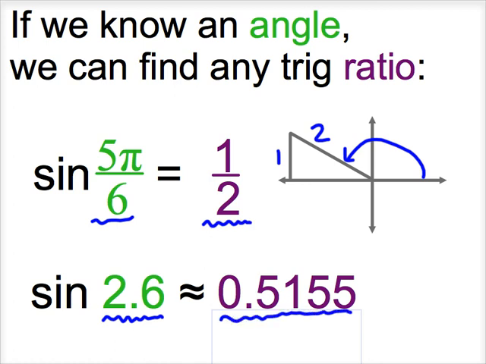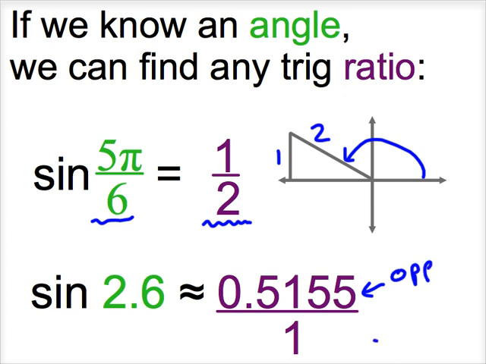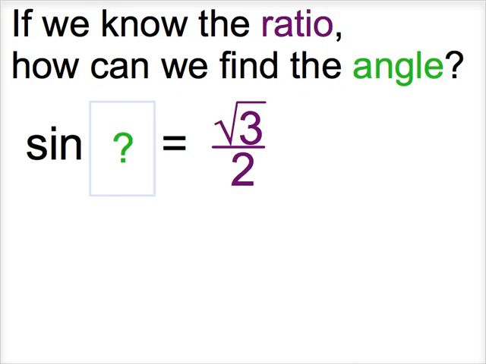But again, I find that a lot of times students, as soon as they pick up the calculator, kind of lose focus and forget that that 2.6 is an angle in radian measure, and forget that the 0.5155 might be helpful to think of as being over 1, where you can really just affirm for yourself that, oh yeah, that represents a ratio of opposite to hypotenuse on the unit circle. So again, reminder: when you pick up the calculator, don't turn off your brain. Remind yourself whether you're dealing with angles or ratios or whatever.